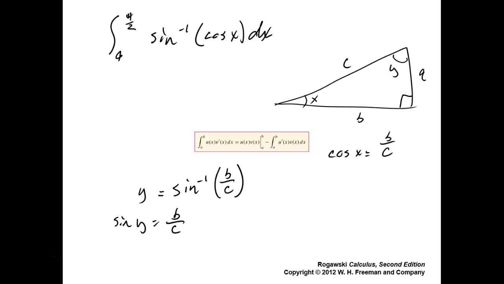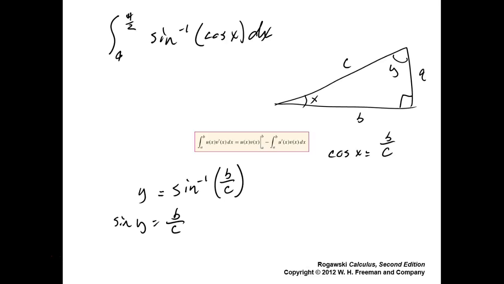The three angles add to 180, this one's 90, so subtract that off, and those two add to 90, which is pi halves.